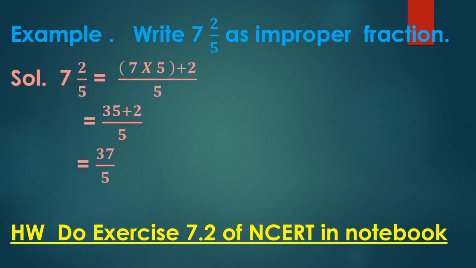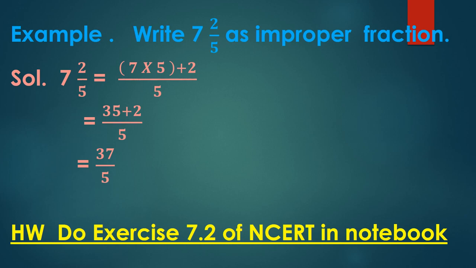Now see one example of this also. Write 7 2/5 as an improper fraction. This is a mixed fraction because the natural number part is there and the proper fraction is also there. The natural number part is 7 and 2/5 is a proper fraction. Now we have to convert this mixed fraction into an improper fraction. What is the formula?